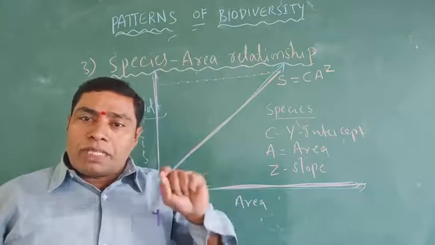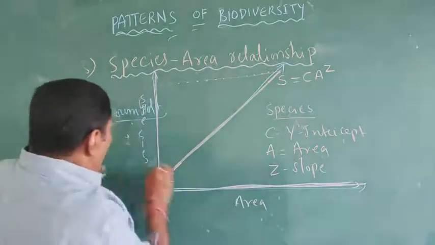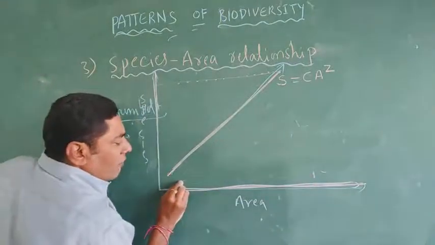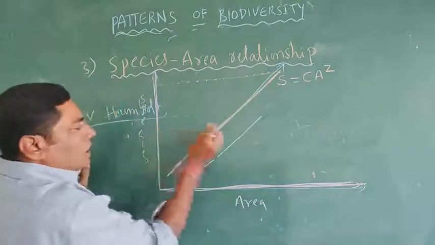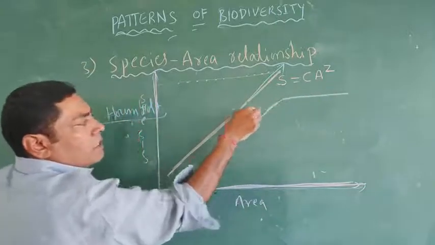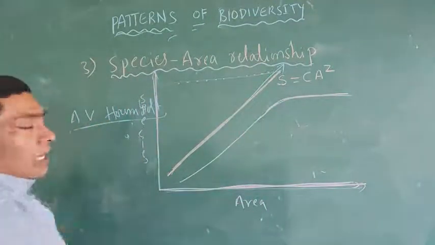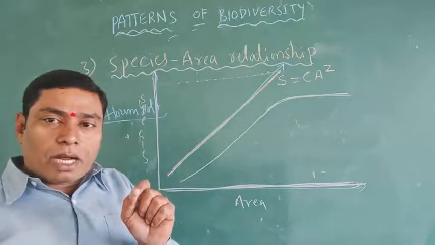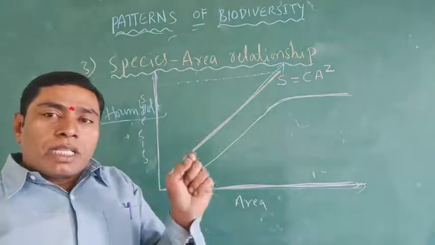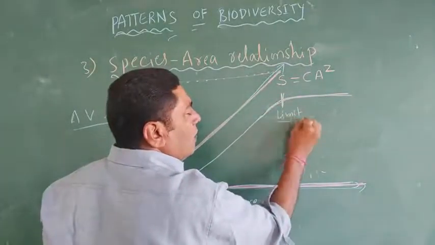After the maximum level, when the area increases, the species cannot increase further. So according to Alexander von Humboldt, the species richness increases with area, but only up to a limit, the maximum limit.